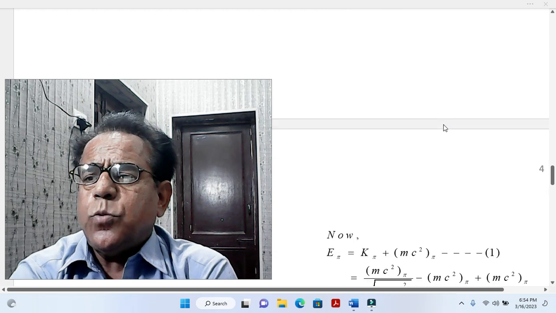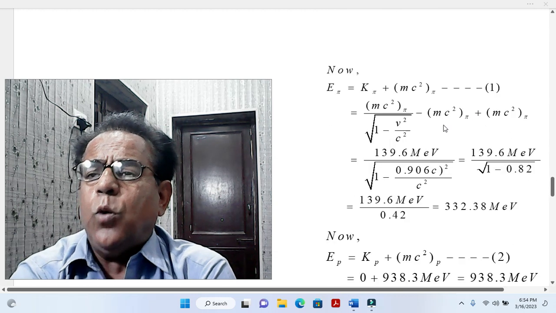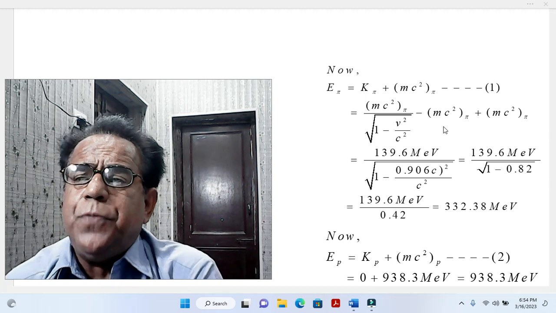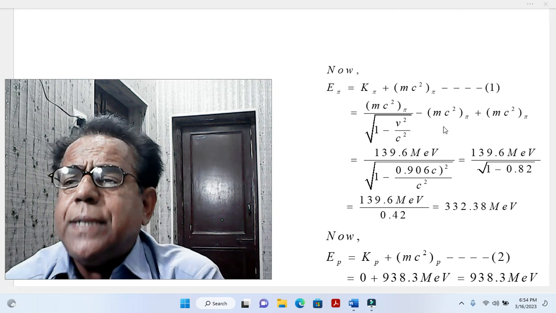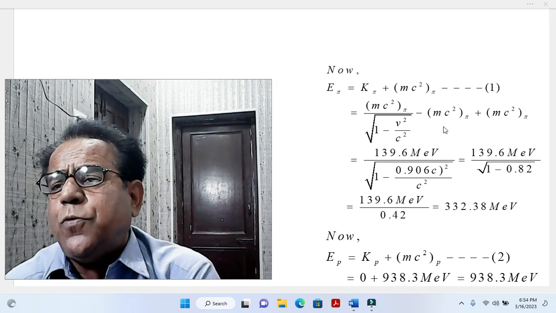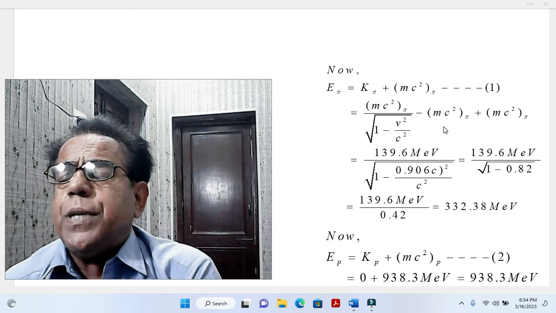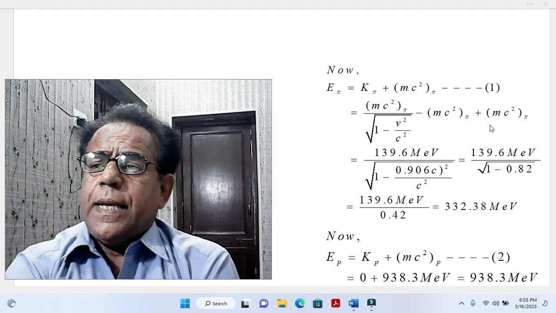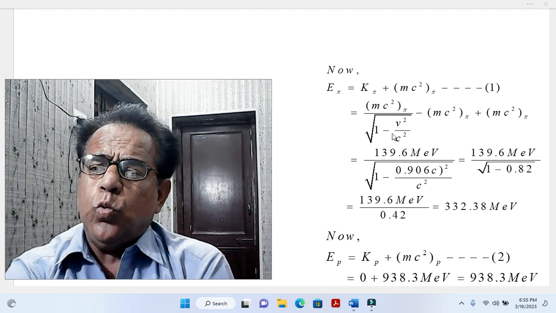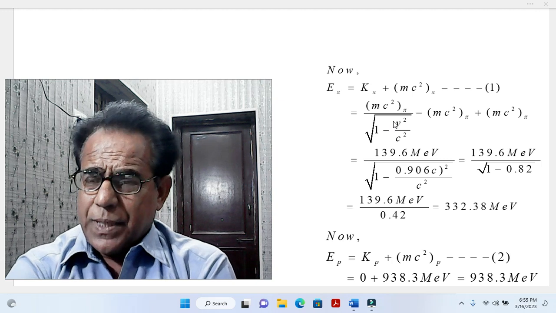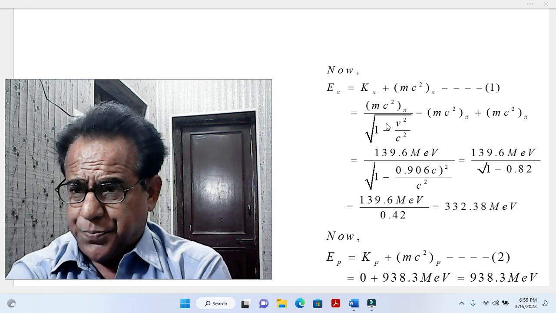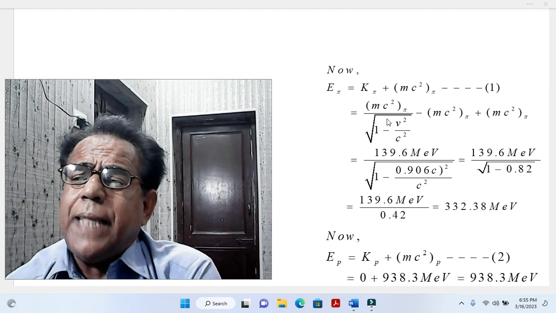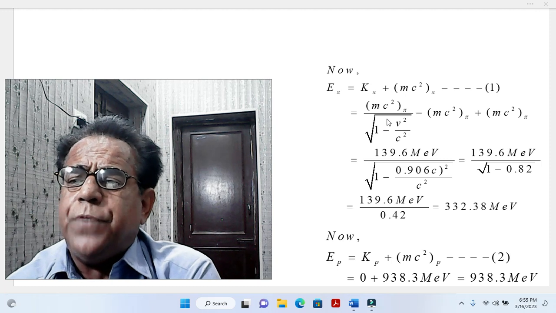So first we use equation number 1. Energy of pi-meson E_π is equal to kinetic energy of pi-meson plus rest energy of pi-meson. This is equation number 1. Here, dear students, we would have to go to the tools, but I think we have visited these tools so many times that now it is a waste of time.